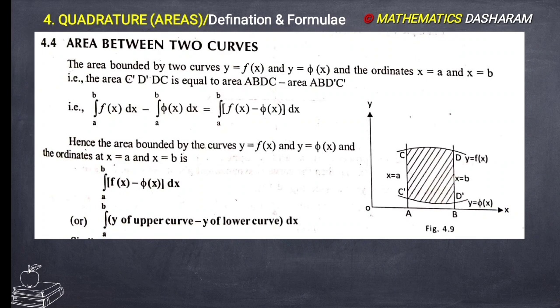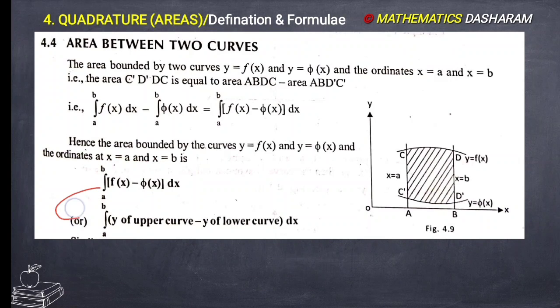So overall, integration from a to b of f of x minus phi of x dx. Hence the area bounded by the curves y equals f of x and y equals phi of x, and the ordinates at x equals a and x equals b, is the integration from a to b of f of x minus phi of x dx.